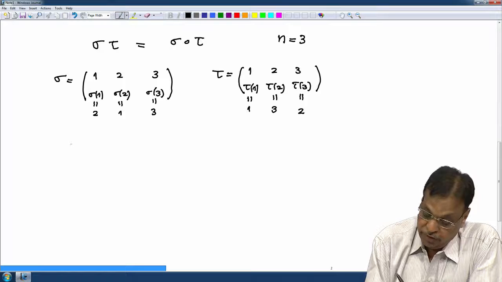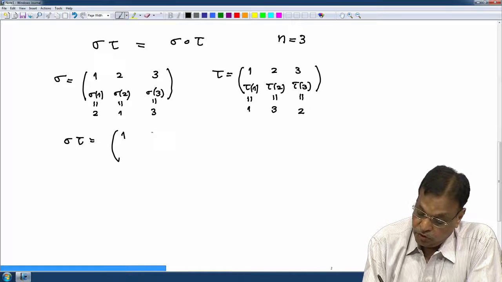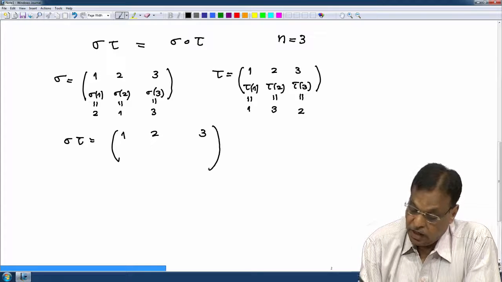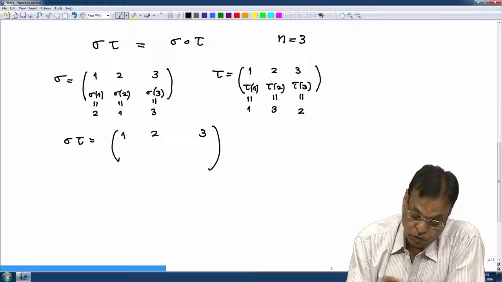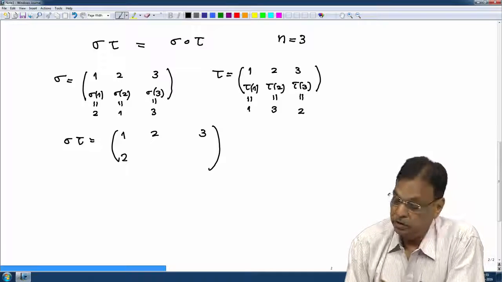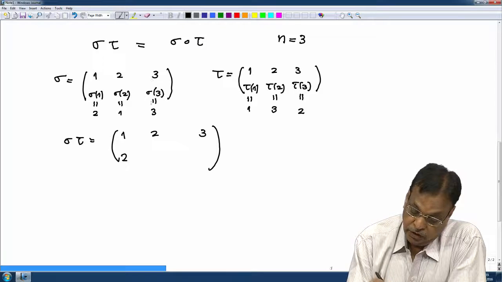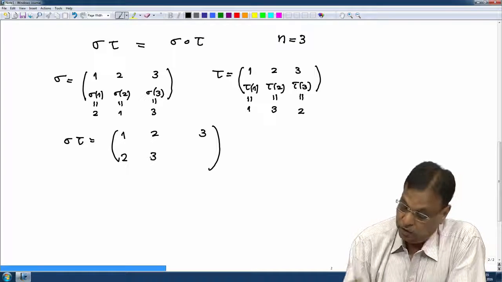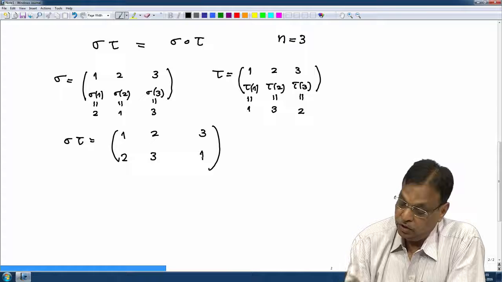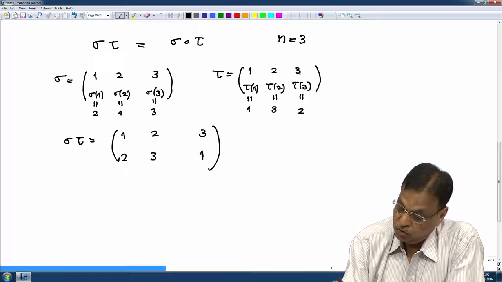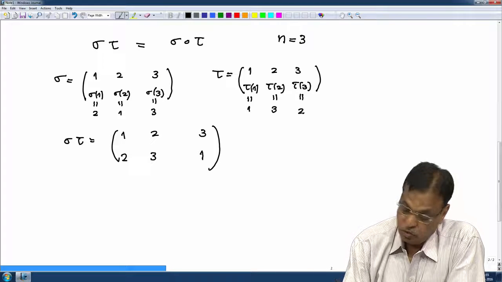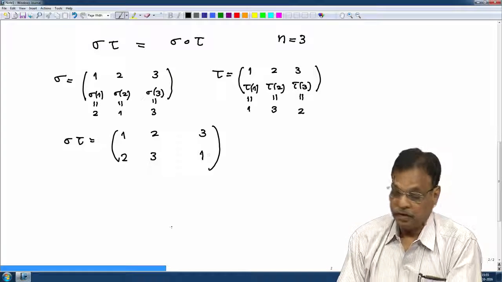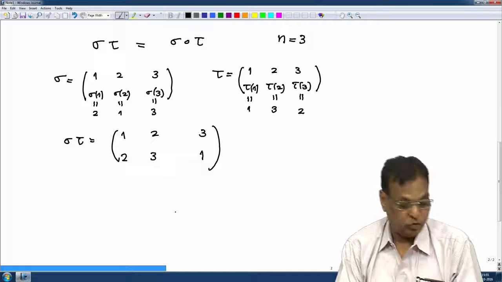The composition sigma tau will be: first you write down the first row, 1, 2, 3, and start reading from tau. 1 goes to 1 and then 1 goes to 2, so 1 will go to 2 under composition. 2 goes to 3, 3 goes to 3, so 2 will go to 3. We can also check that 3 goes to 2 and 2 goes to 1, so 3 goes to 1. This is correct. That is how one writes the composition.